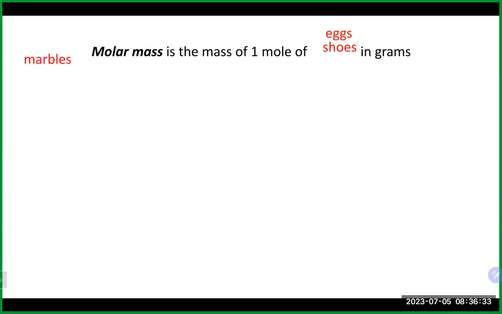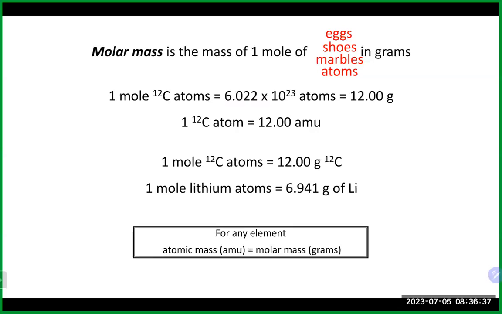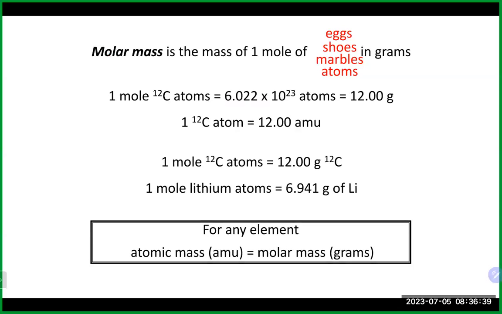Now, the other unit, which out of all these units is pretty much the one that you use most of the time, is molar mass. And molar mass is also taken from the periodic table. It is also that number that's on the bottom. So again, earlier we saw that hydrogen was 1.008. And basically the units of molar mass are grams per mole.